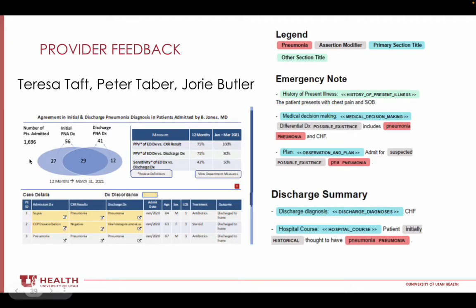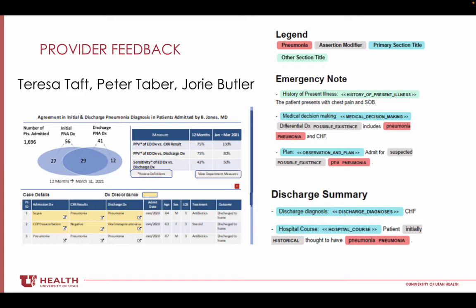Here's an example of a dashboard that would show a particular provider how frequently they correctly diagnosed pneumonia, and would show some examples on the right of what their notes were. Here you thought that they had pneumonia, here are the symptoms that they had, but ultimately here's what it ended up being. And being able to pull this out of the note and provide it to clinicians gives a lot of really detailed feedback.